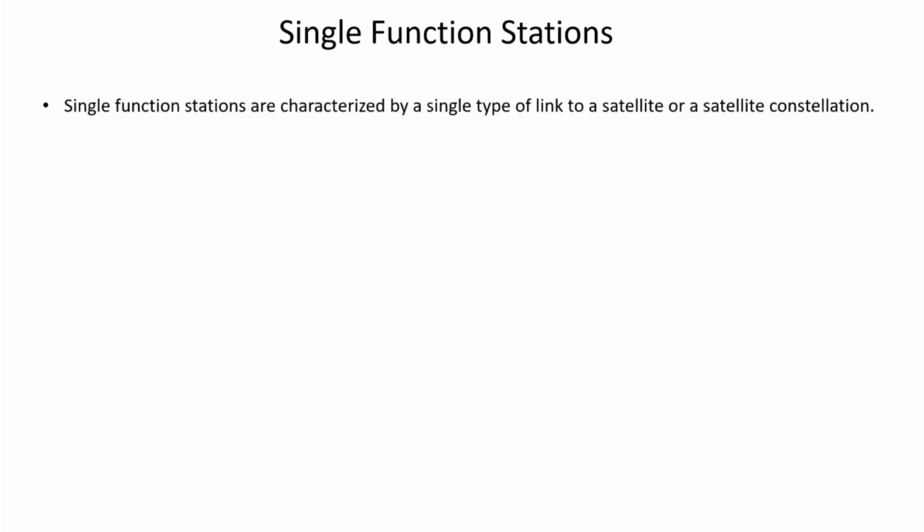Now, let us discuss what are called single function stations. Single function stations are characterized by a single type of link, which means either one satellite or a constellation of satellites. These stations may be transmit only or receive only.